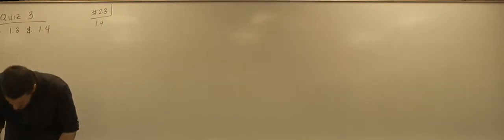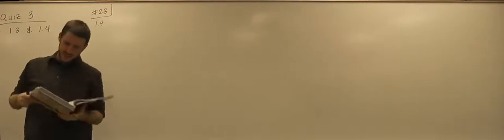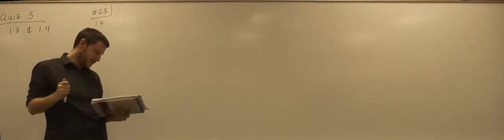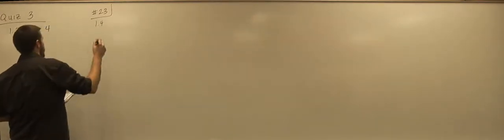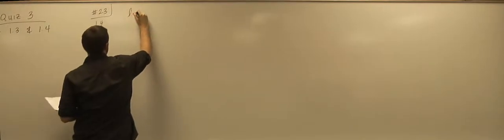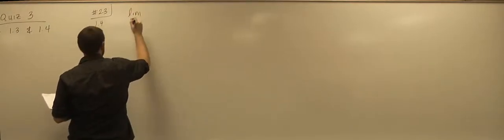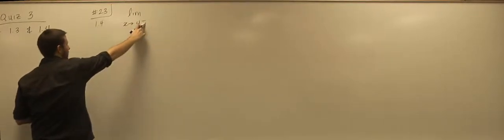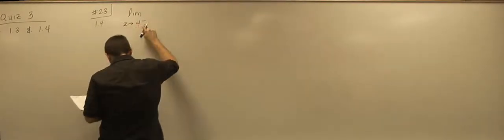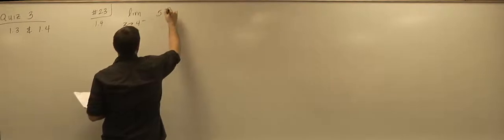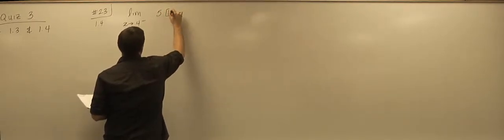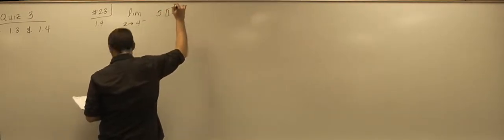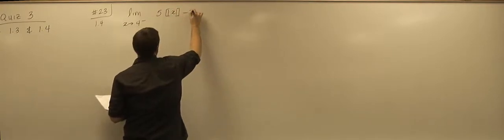So let's see, it says, in exercises 7 through 26, find the limit if it exists. If it does not, explain why. And then it asks for the limit as x goes to 4, but then it put a little negative up here, right? So that means from the left, of the function 5 greatest integer x minus 7.